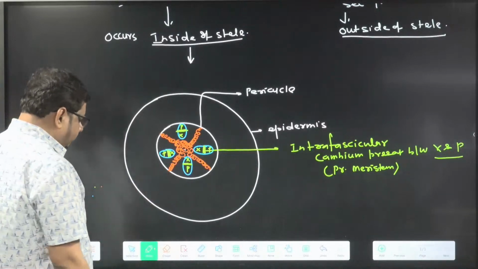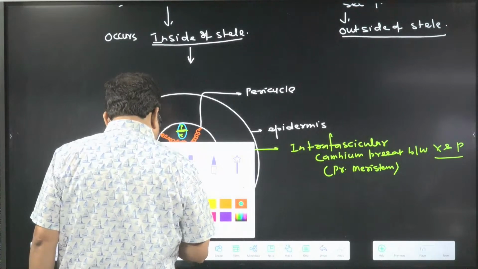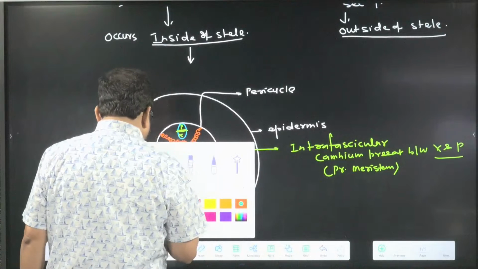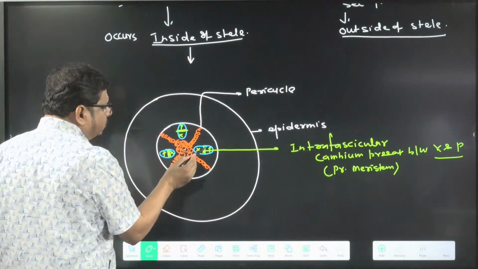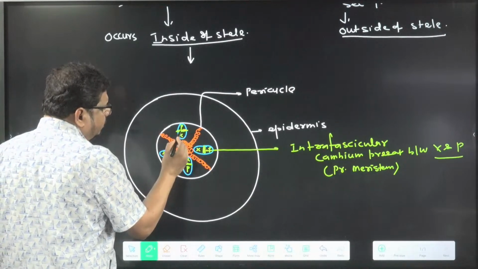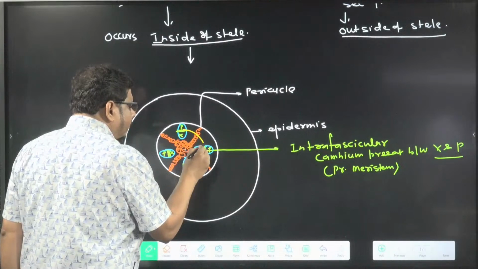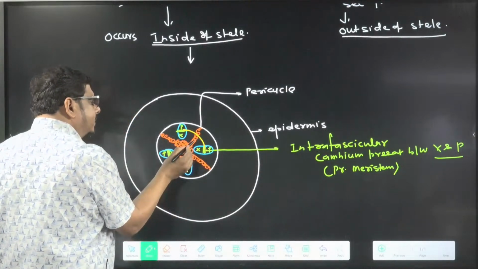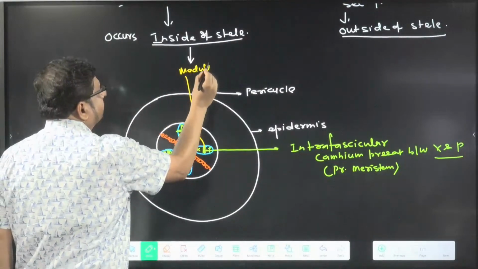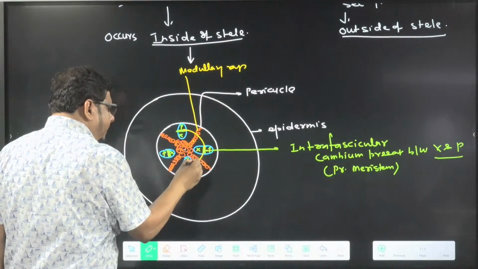Now what happened? The medullary rays, which are present between two vascular tissues and adjacent to the intrafascicular cambium, become meristematic. Everywhere these medullary rays are there.